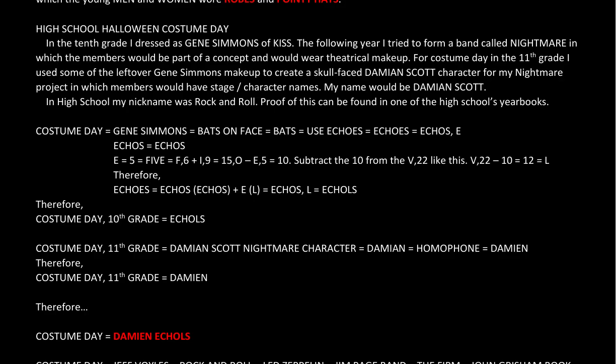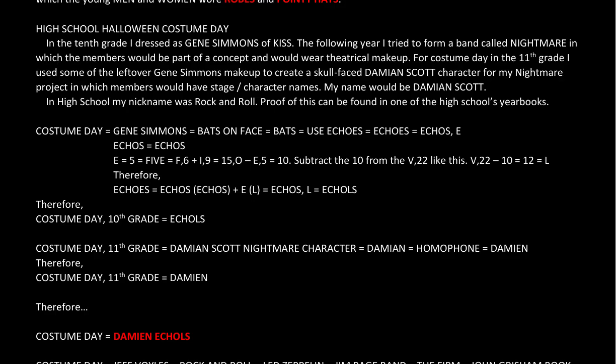So in the 11th grade, I was trying to form a band called Nightmare. I'd put an announcement on the school announcements, looking for people to join my band. Of course, nobody wanted to. So anyway, I was trying to form a band called Nightmare, and I wanted everybody to be a character and wear theatrical makeup.